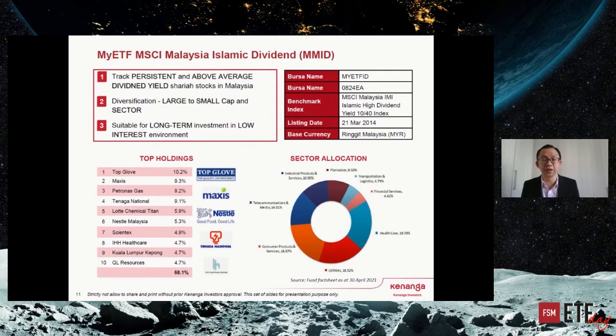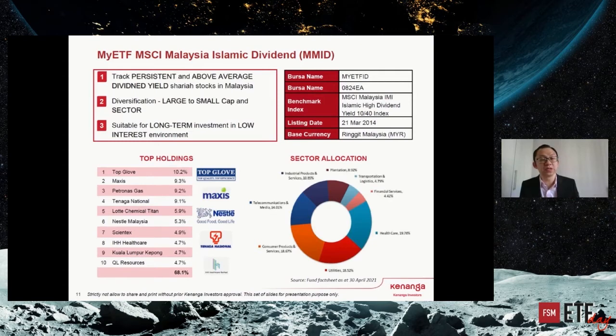So in the long run you will be better off. And as we all know, we are now in a low interest rate environment. If you look at past history, when we go into a low interest rate environment, high dividend yield or good dividend companies tend to outperform.